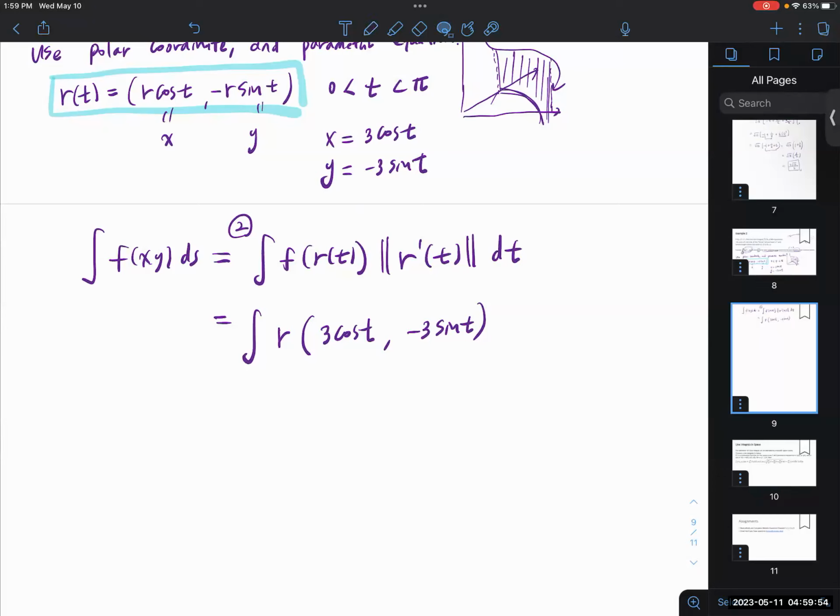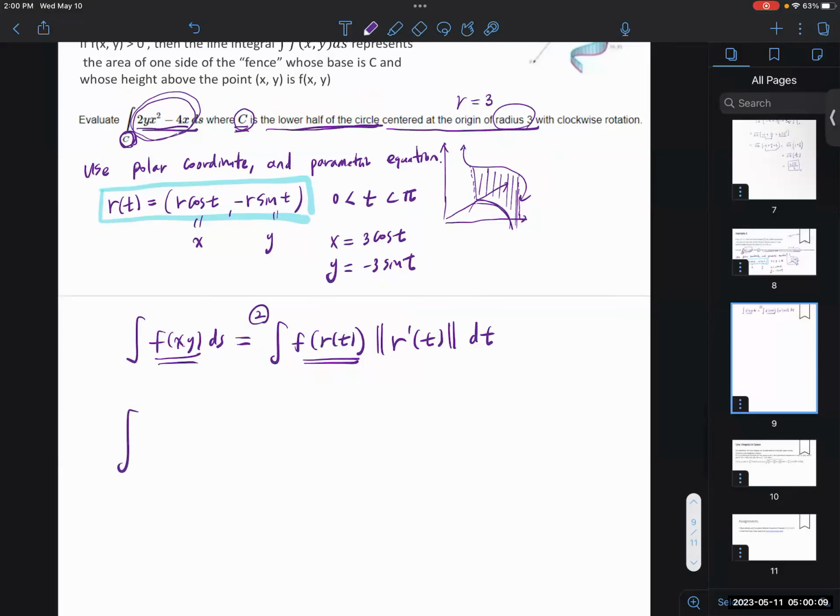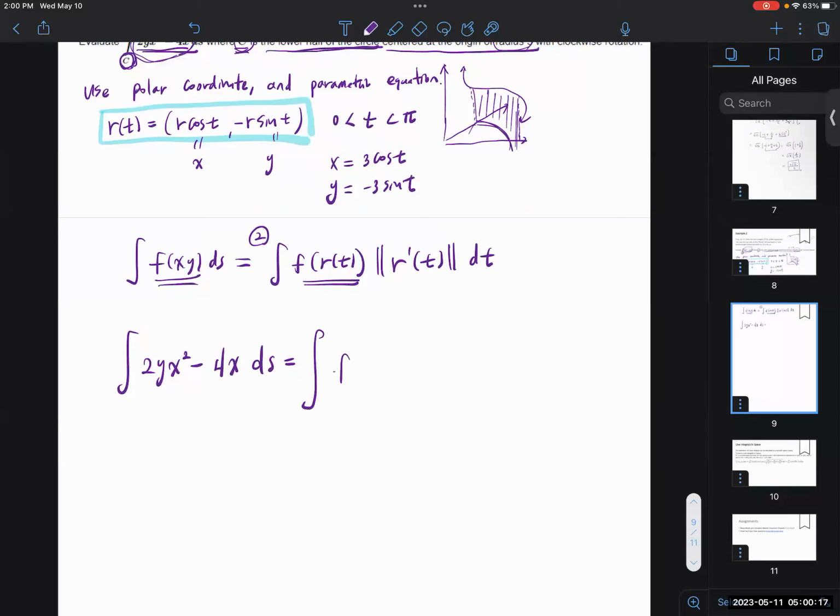Or if you're confused, I'm gonna work step by step for you. So we know this is x and y. We have to convert everything: f(r(t)) and then r'(t) dt.